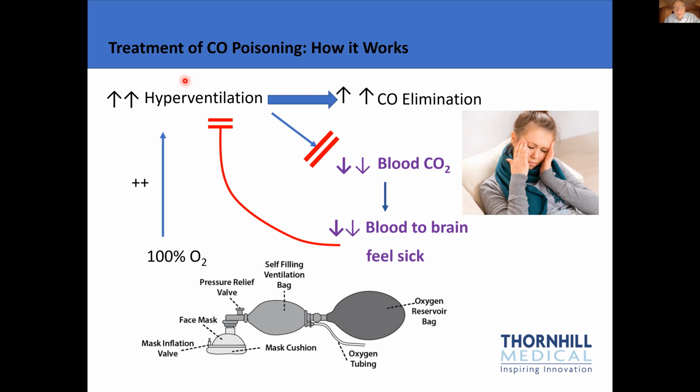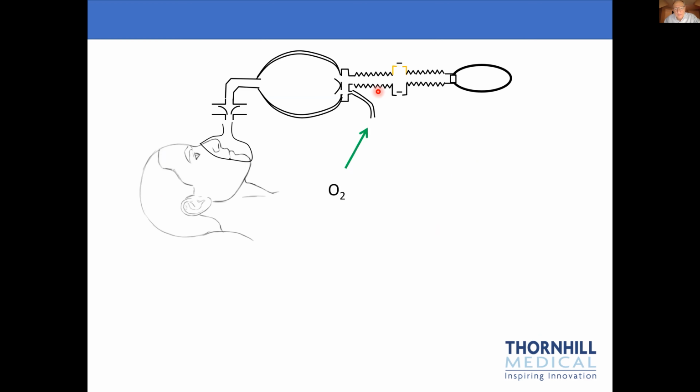So the idea was to block that branch of the effects of hyperventilation. If we can stop the PCO2 from going down, then we would only have this main branch of carbon monoxide elimination. So how do you do that?